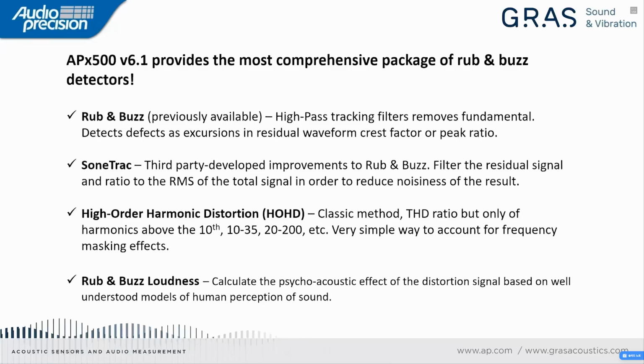Detects defects as excursions in the residual waveform crest factor or peak ratio. And if you've been using APX 500 software, you may well be aware of that traditional rub and buzz that we've had for a while.